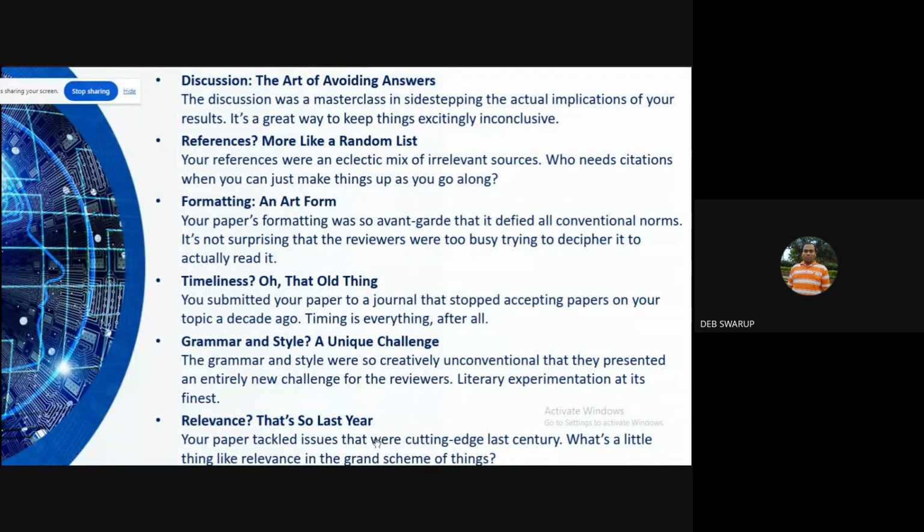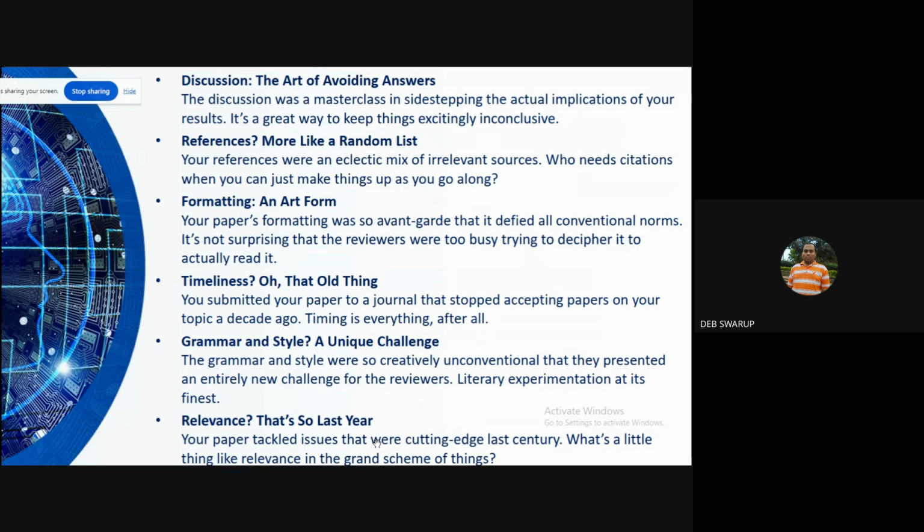Then discussion. The discussion should answer questions rather than avoiding answers. When somebody is writing the discussion, it should answer why things are better and who else has got similarities with your kind of results.